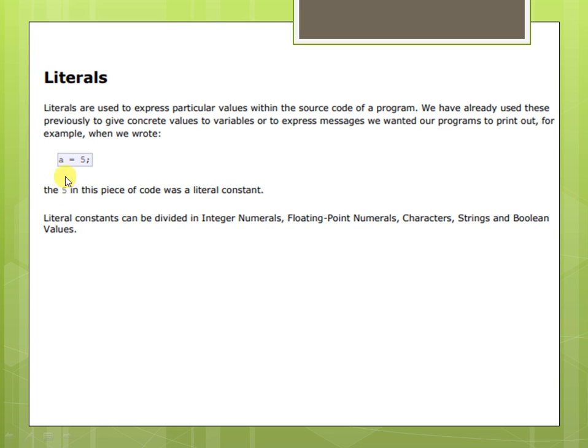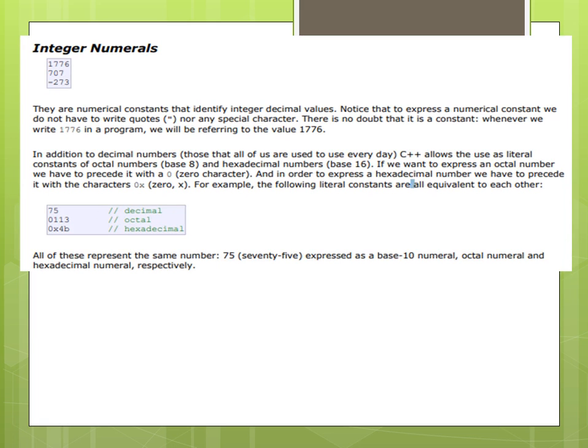So if I write something like a equals 5, this is a literal and it is placed in my C++ code, right? You can go with integers, decimals as acceptable values, characters, strings, or boolean values.